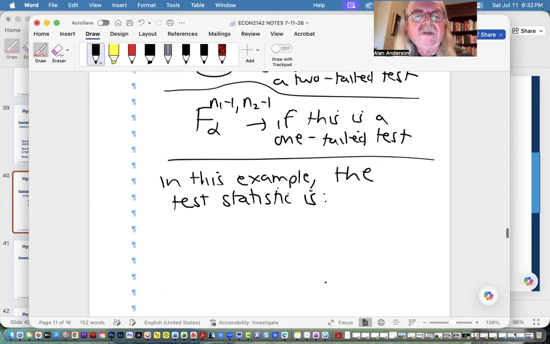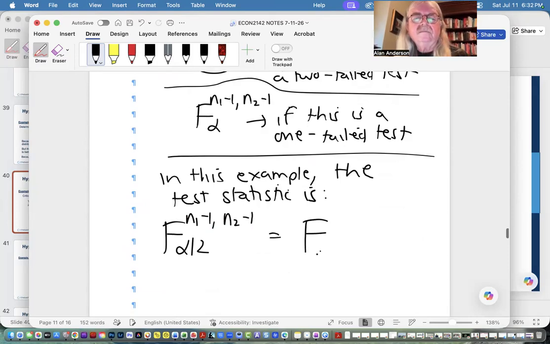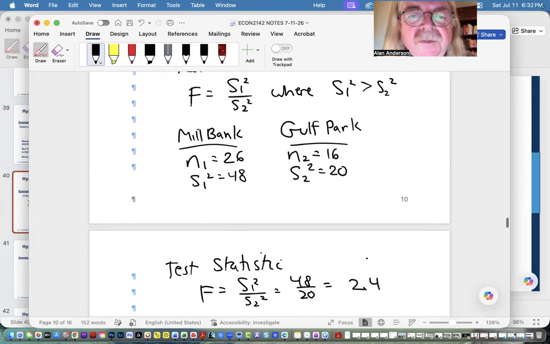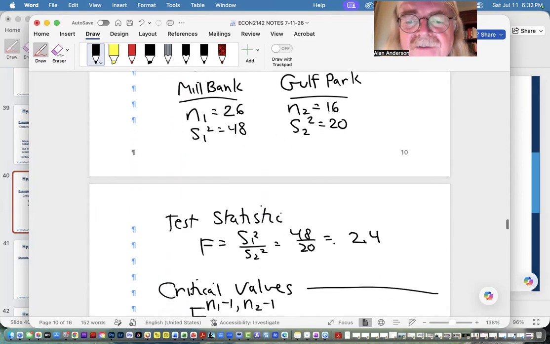All right, so remember from up here, alpha is 0.10, so 0.05 in each tail. The two sample sizes were 26 and 16.